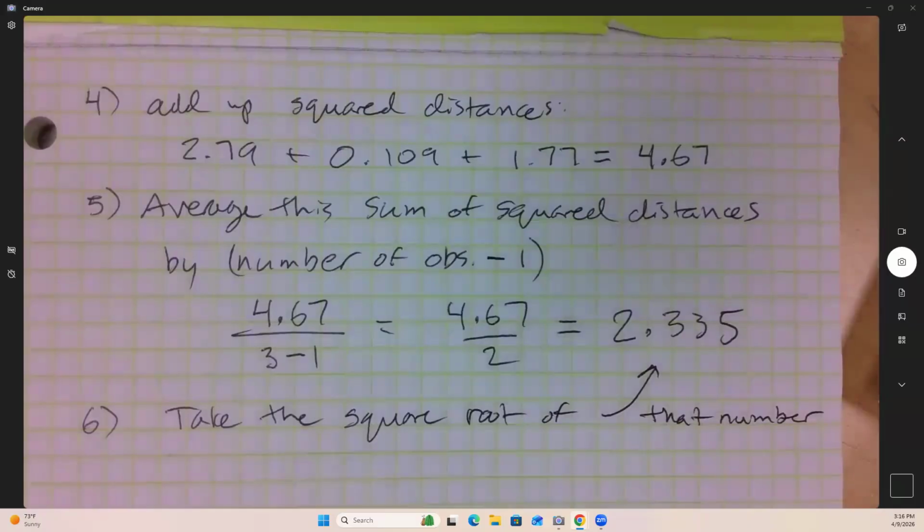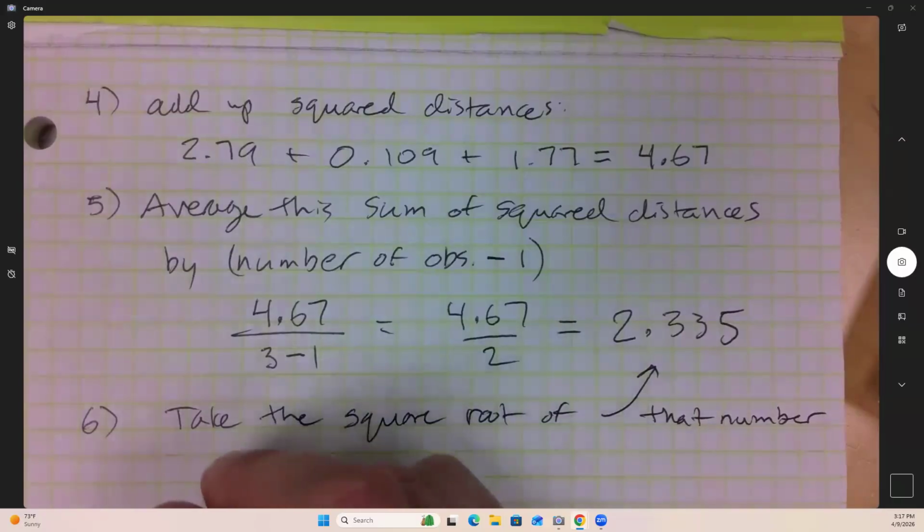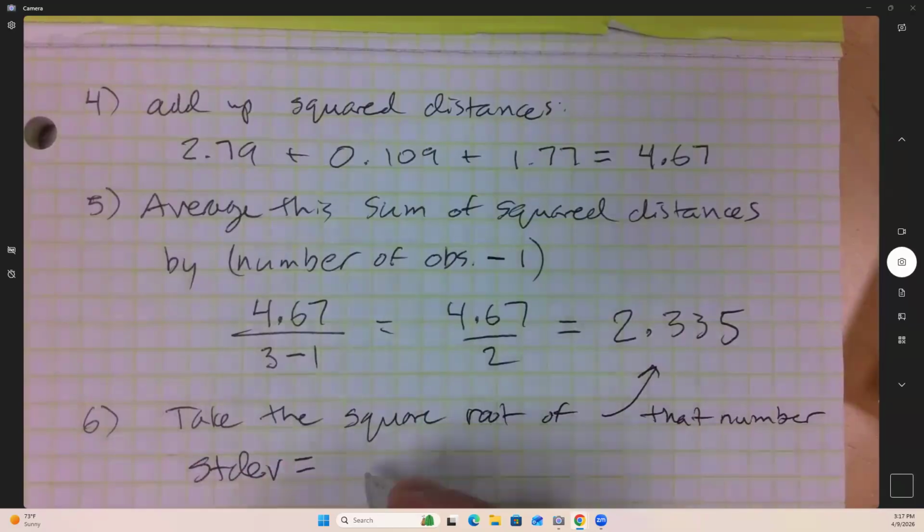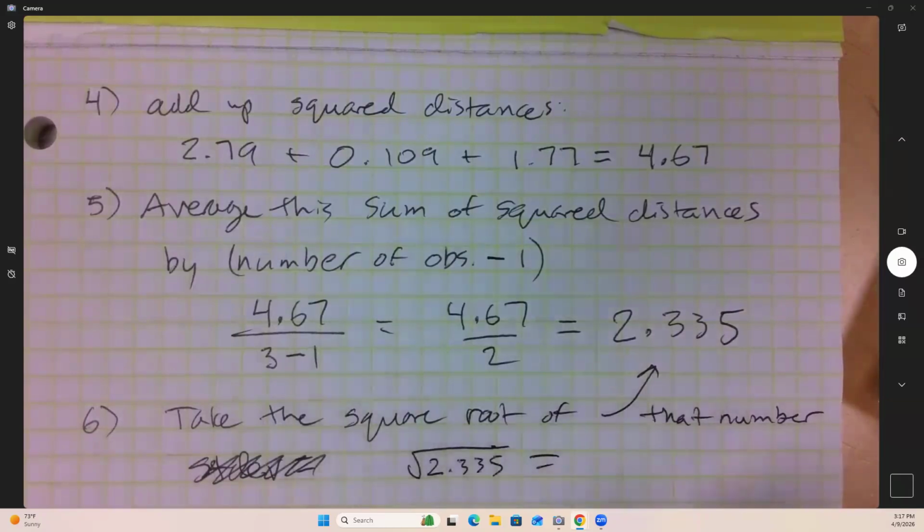The standard deviation is, let me do this first. Square root of 2.335 equals approximately 1.53. The standard deviation of that data is 1.53.